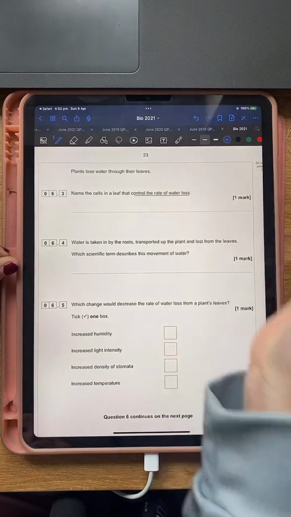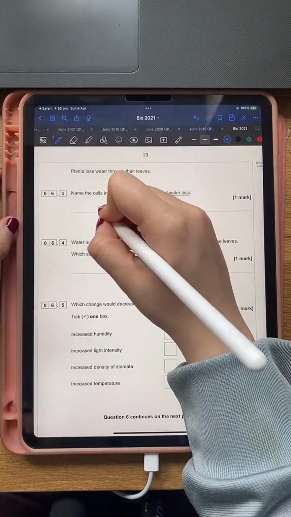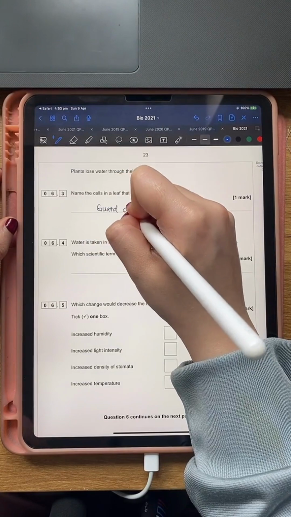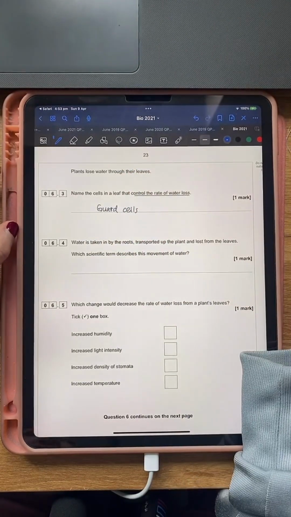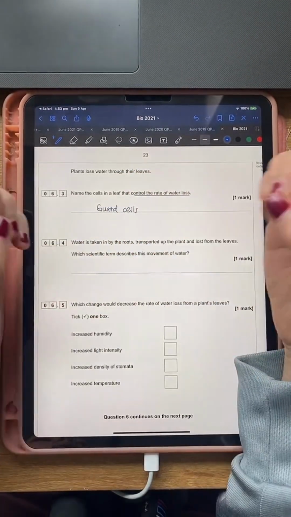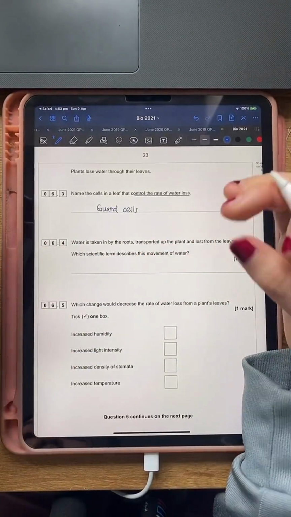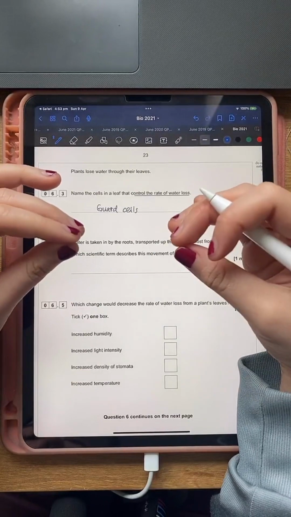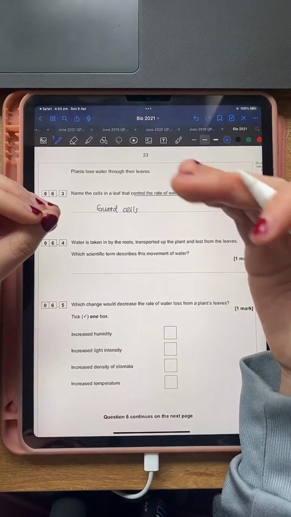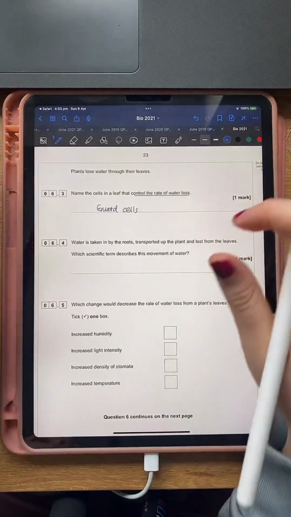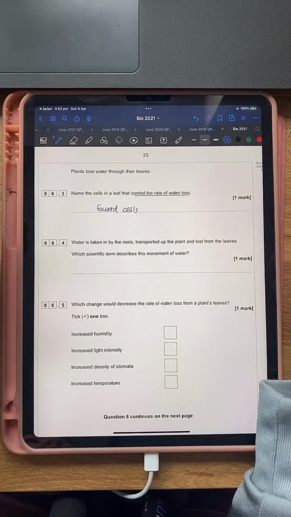If the guard cell opens the stomata, then the water will leave by transpiration. No, you're not dumb. You're completely fine. I understand why you said cell membrane, but they did ask name the cells in a leaf, not the cell structure.